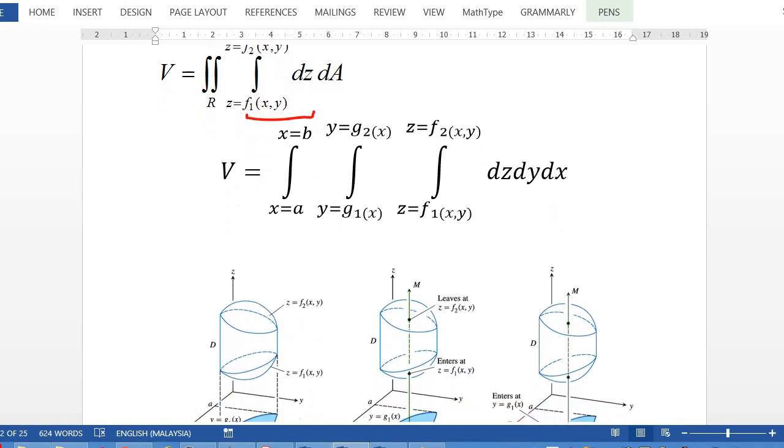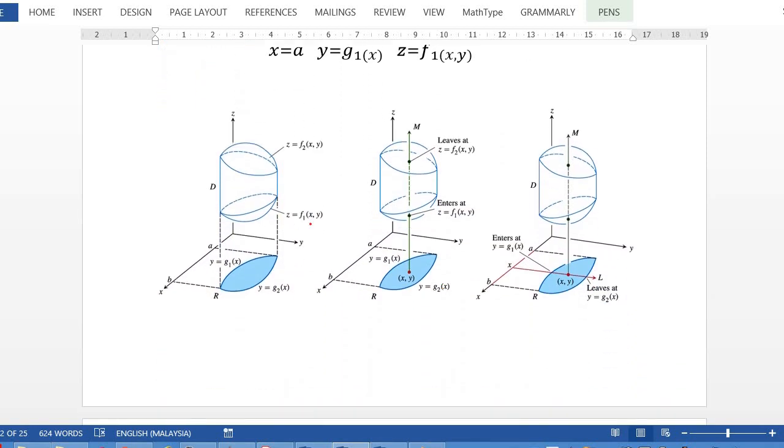Look at this region here. Let's say this is the bottom surface given by z equal to f1(x,y), the top surface is f2(x,y), and its projection, when you press this solid. This one I took the photo from another book.